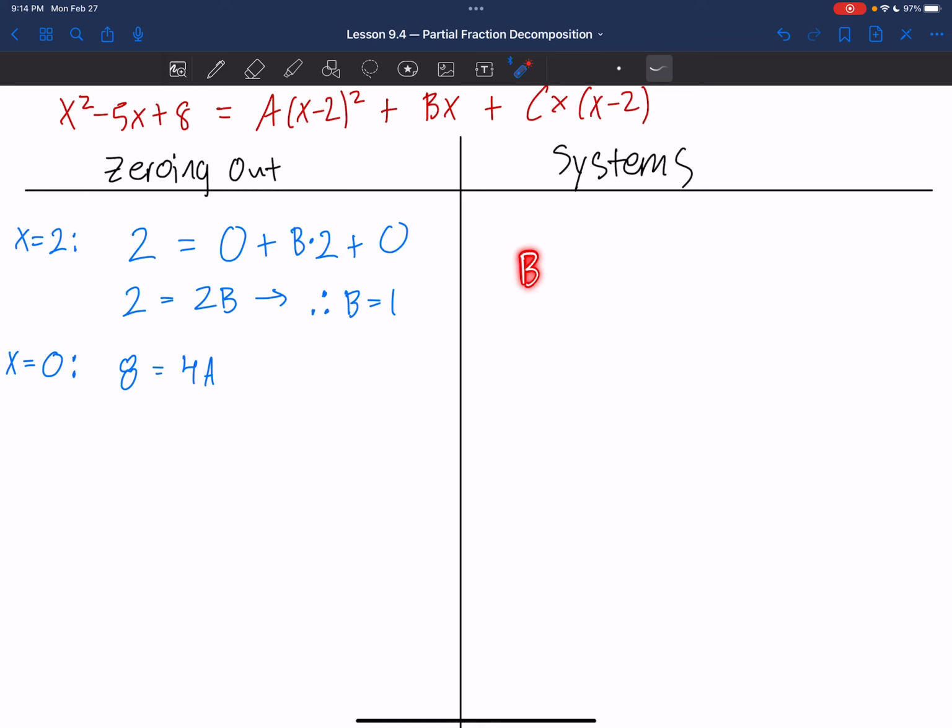Now b times x is 0, that's gone, plus 0. And then c times x is 0 times 0 minus 2, that's also 0, plus 0. So since I have 8 equals 4a, therefore a is 2.